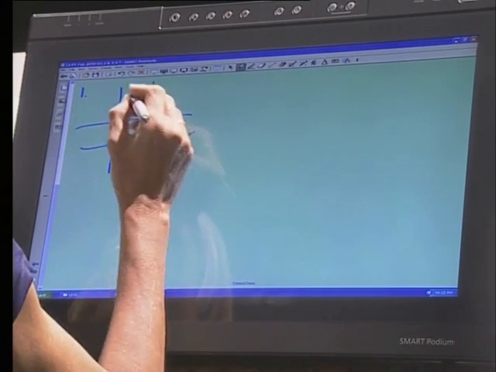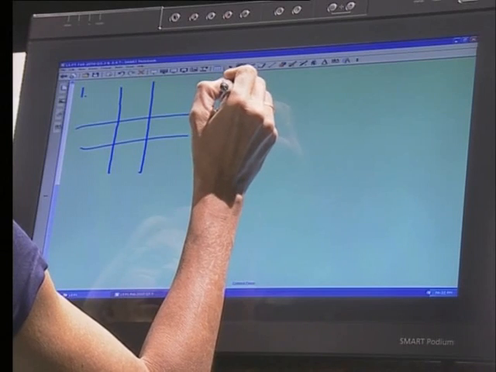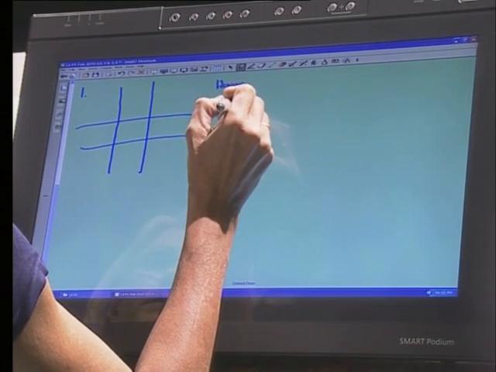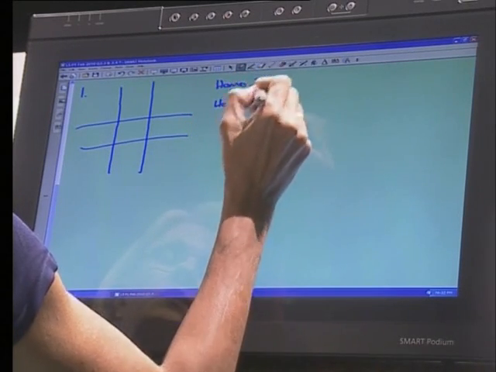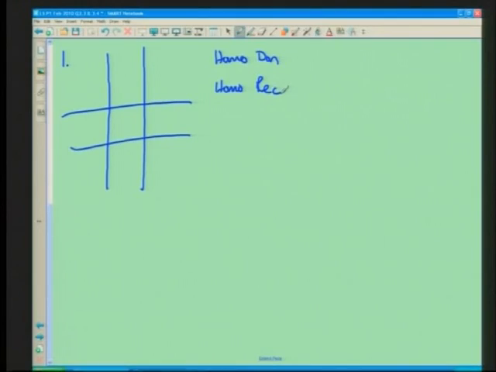I have a homozygous, so I'm going to have a homo dominant and a homo recessive. So let's go with brown eyes and blue eyes. For all of them, we're going to say capital B is brown, it's dominant, and small b is blue. It's recessive.